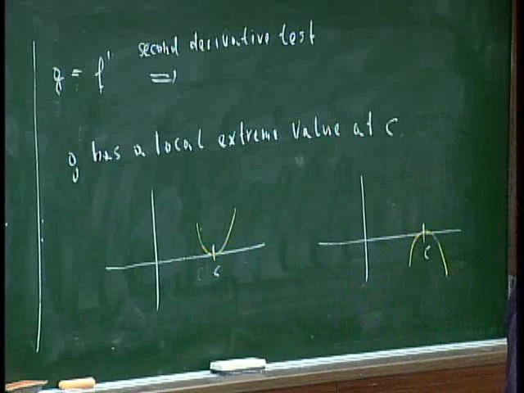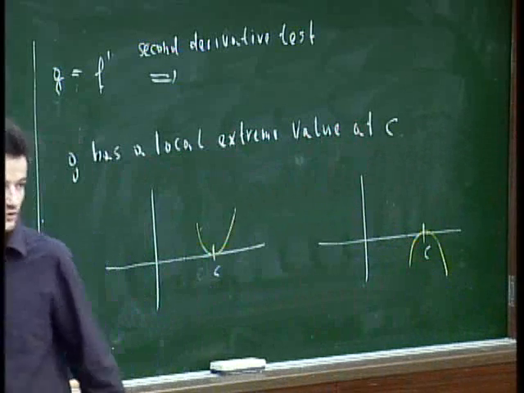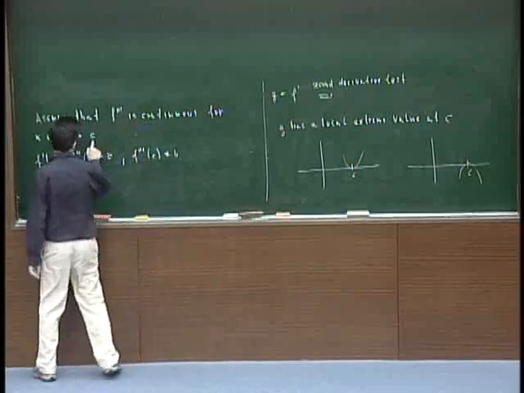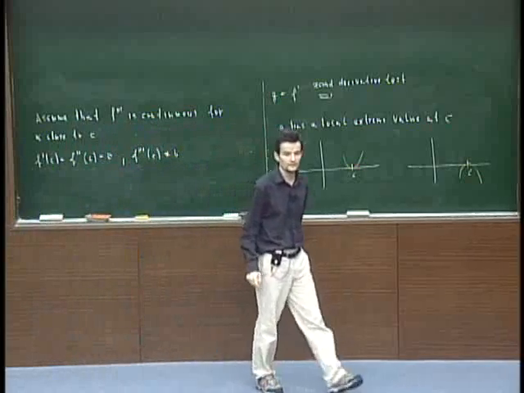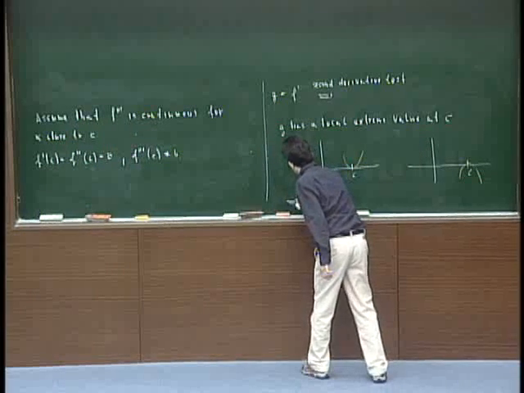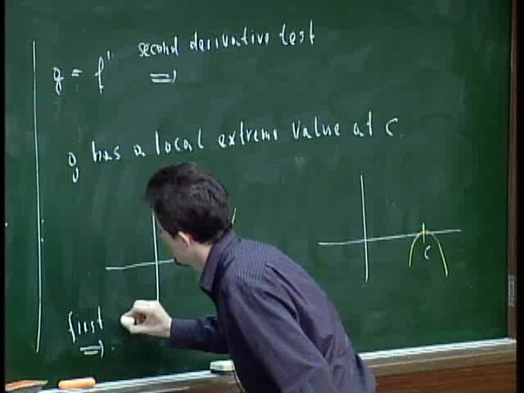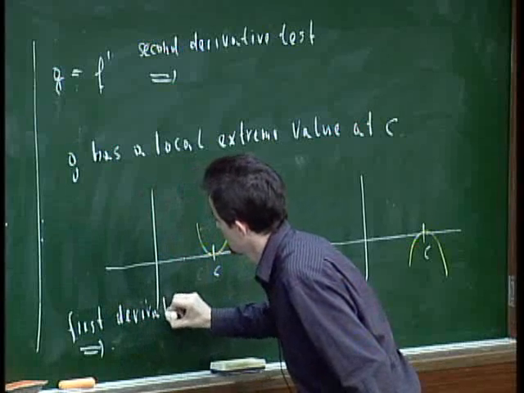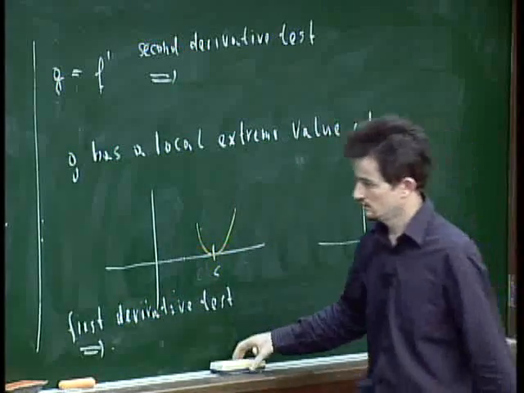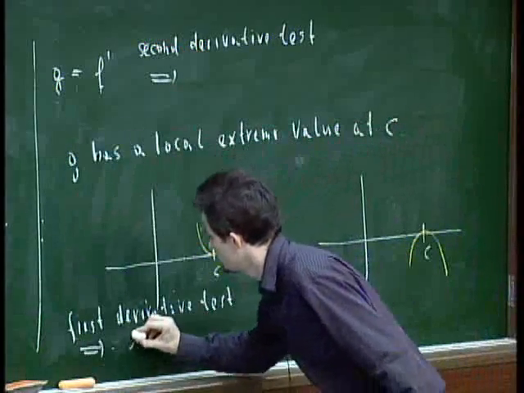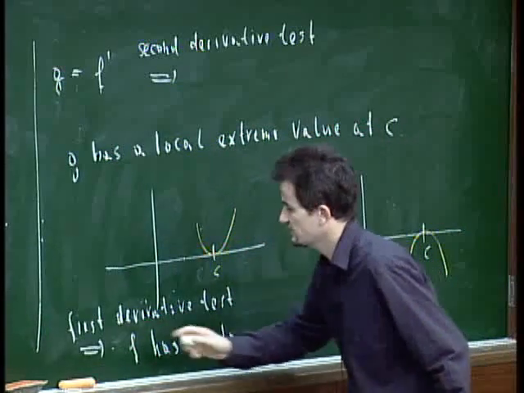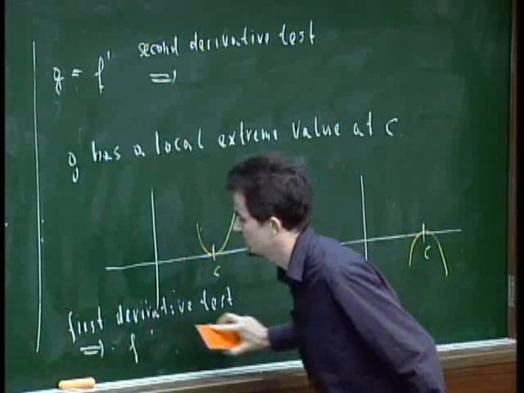But now you can apply the first derivative test. If you now apply the first derivative test, you see that it's impossible that our function has a local extremum at c. So by the first derivative test, f does not have a local extremum at c.